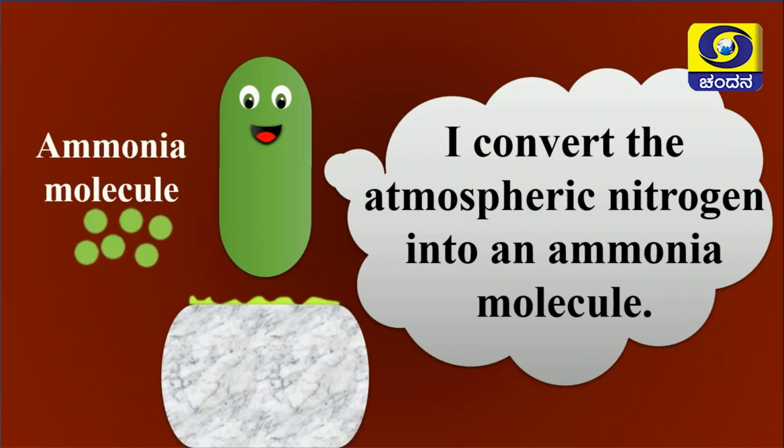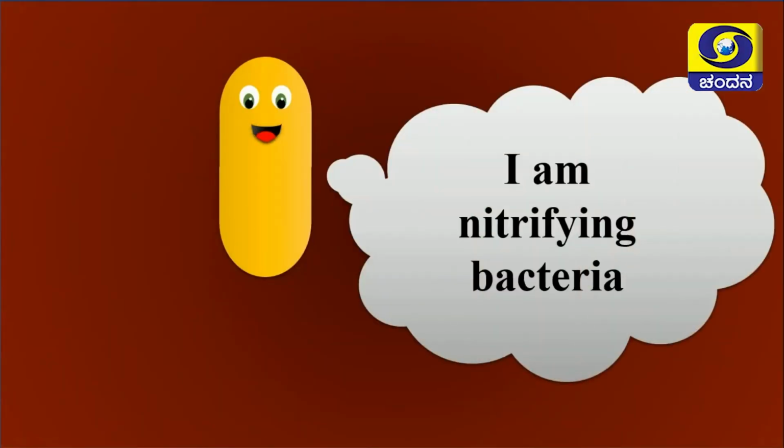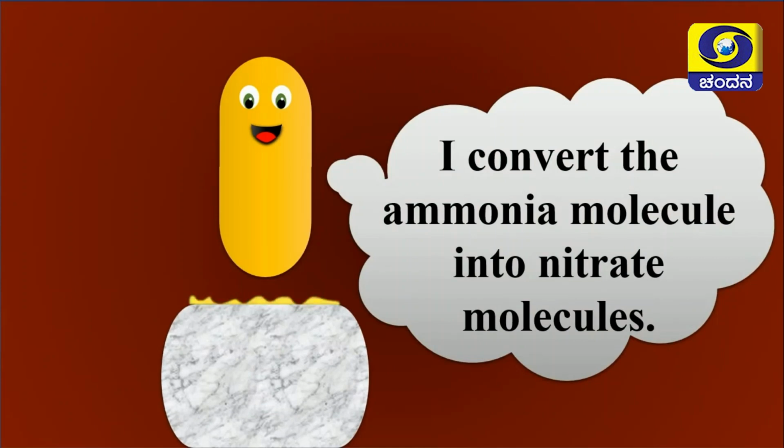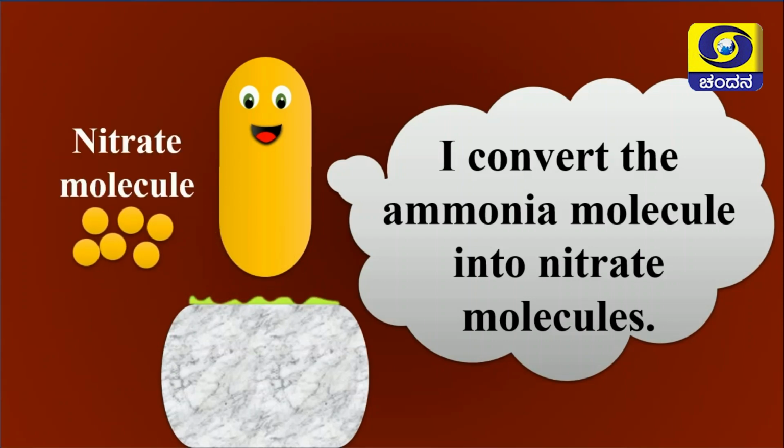This process is called ammonification. I am nitrifying bacteria. I convert the ammonia molecule into nitrate molecules. The process of conversion of ammonia and its salts into nitrates and nitrites is called nitrification.